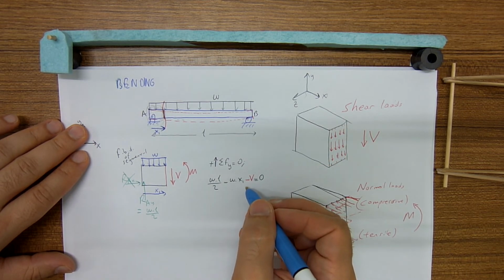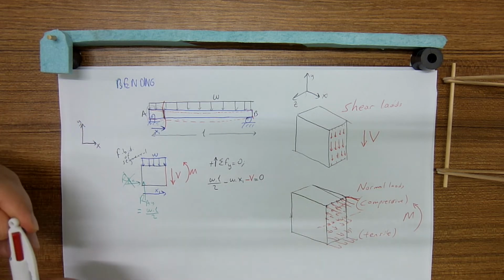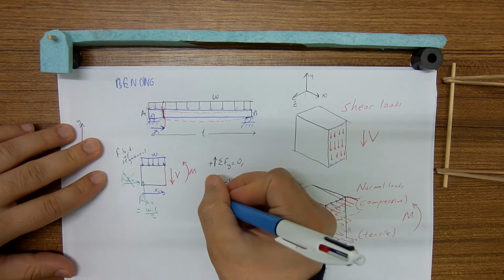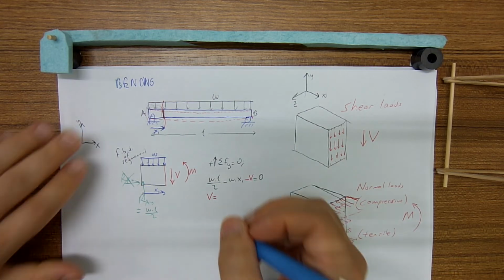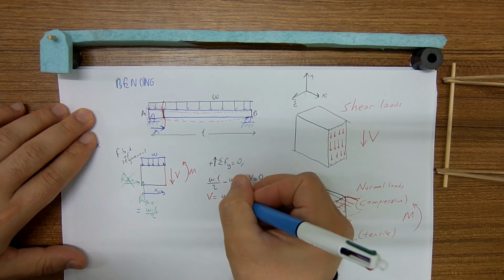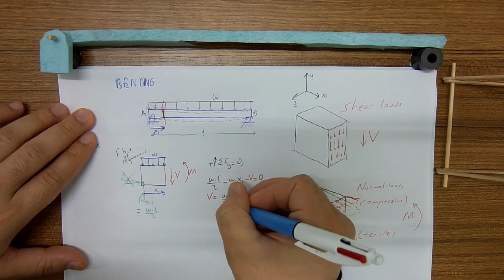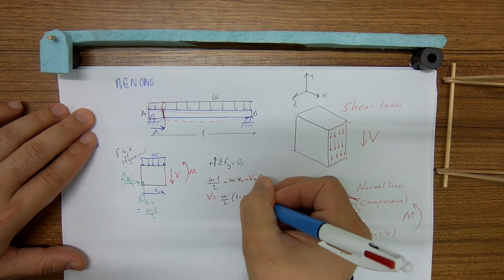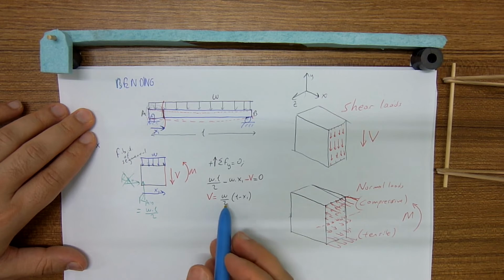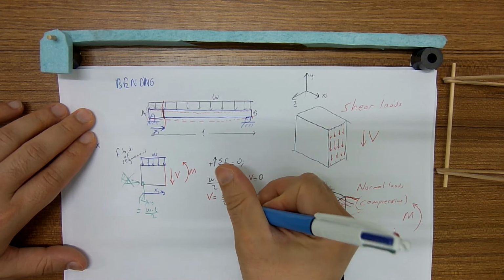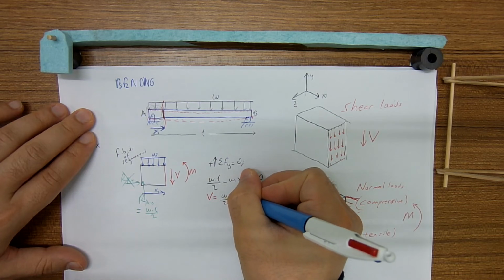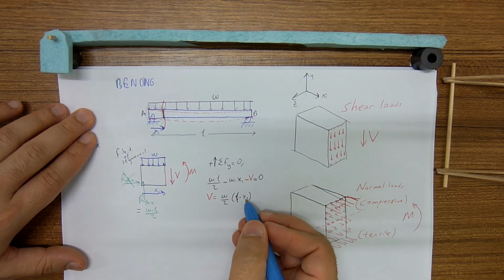If I solve this, V is equal to W over 2 times (L minus x1).